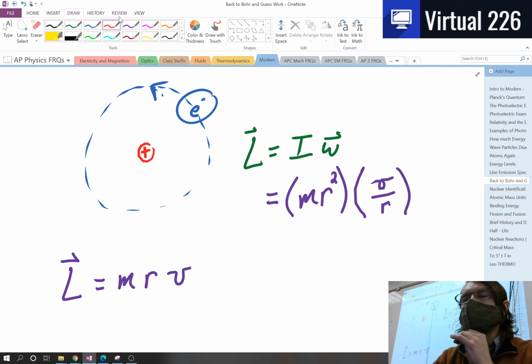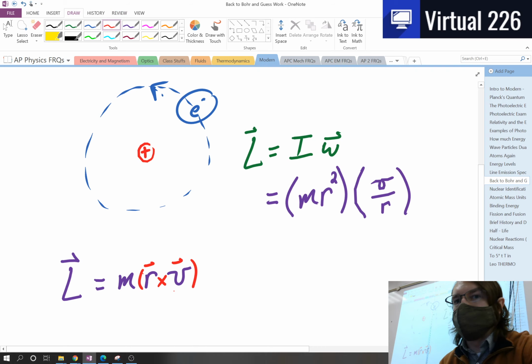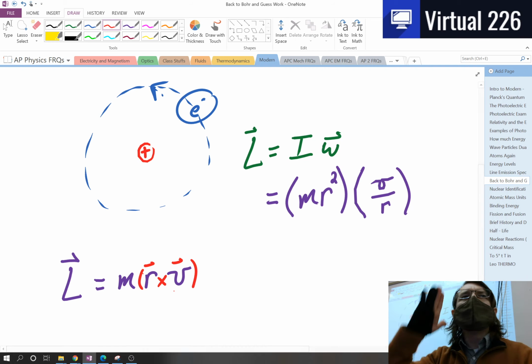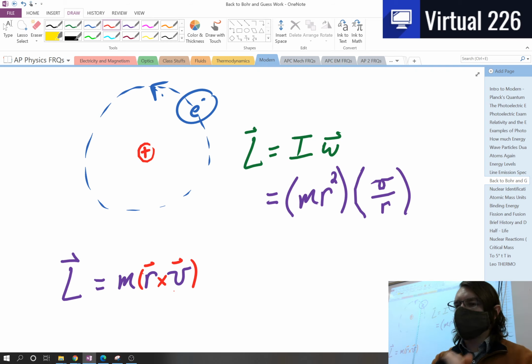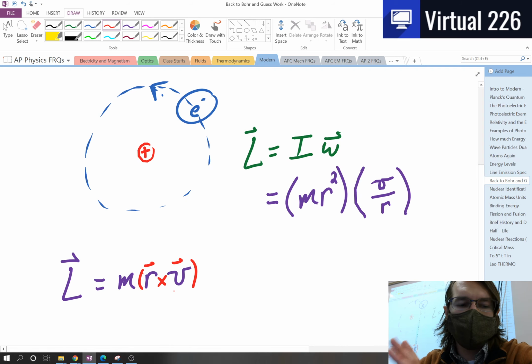Technically, for all of you hyper mathematicians out there, r and v are vectors and this is a cross product, but we're not really going to concern ourselves with it, because in reality, that's just a right-hand rule. Flashbacks to right-hand rules. But really, we can just think of it as mrv. We don't have to go any further.